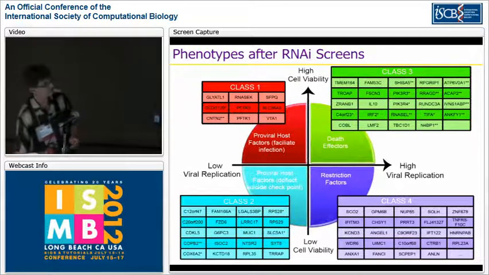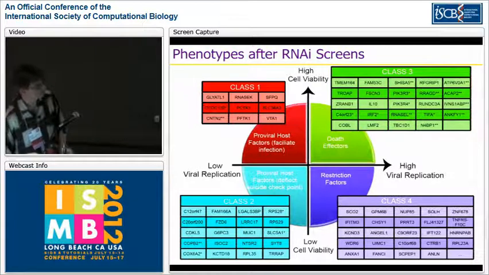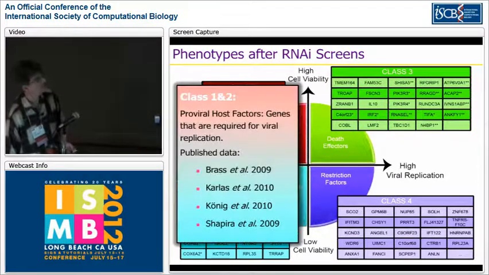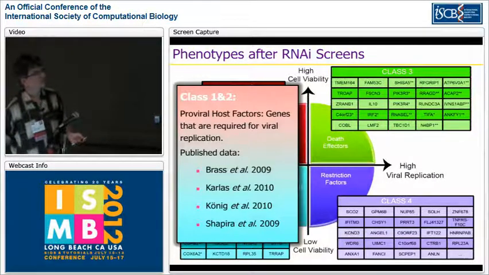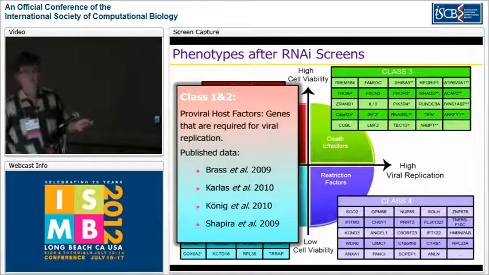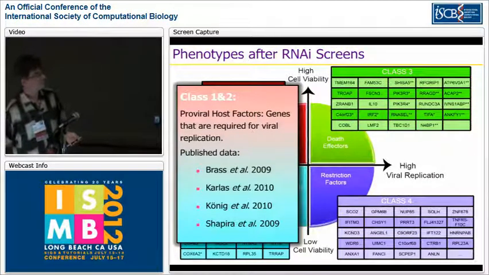Just to make that more clear with some of the main players in this area: here would be all the results from these four papers without considering any other scenarios. So here are the host factors that the virus requires for replication.